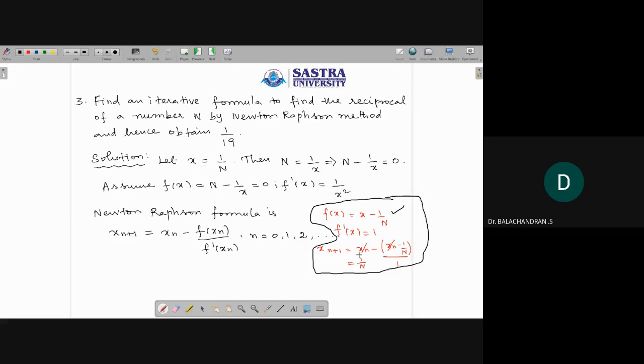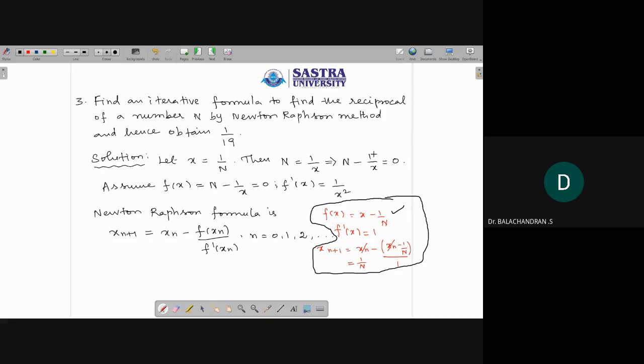So you don't get an iterative formula. Suppose if you consider f of x is equal to x minus 1 by n, you don't get an iterative formula. So that's why I will write n equal to 1 by x, and then I will take the difference between these two, that is n minus 1 by x.